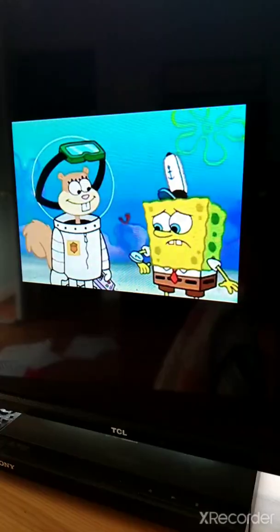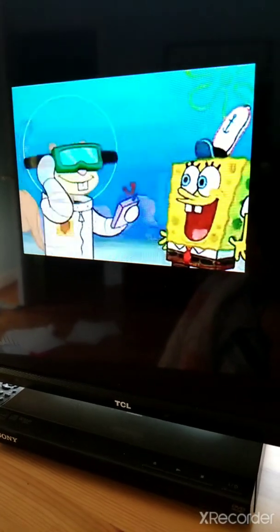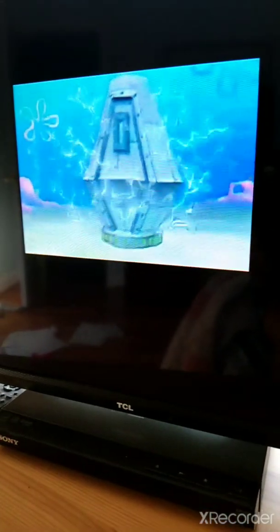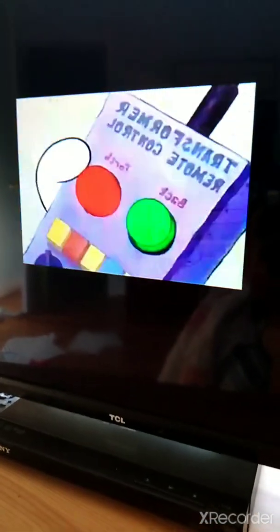Whoa! Do you think your machine could zap me over to the Krusty Krab? Always did want to try a critter. Sure, why not? Get in there, SpongeBob! Woohoo! Hold on tight! Gee, Sandy, this sure feels... Well, here we go again. Hey, Squidward!